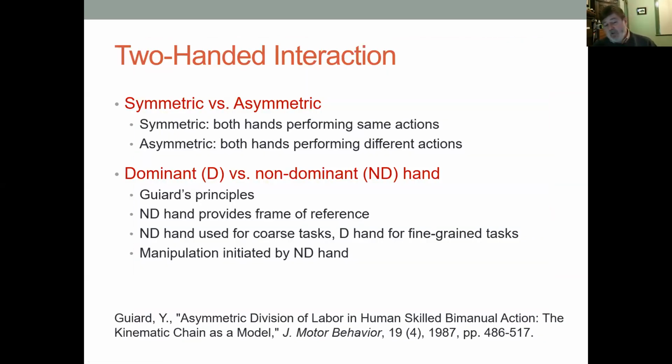We can also use two hands to do this interaction. So we have symmetrical and asymmetrical. There's this concept of dominant and non-dominant hands. The idea is that with your non-dominant hand, you can use that as a reference. In the case of the WIM, he was using his non-dominant hand as a reference for the dollhouse, and he was using his dominant hand to point inside of it.